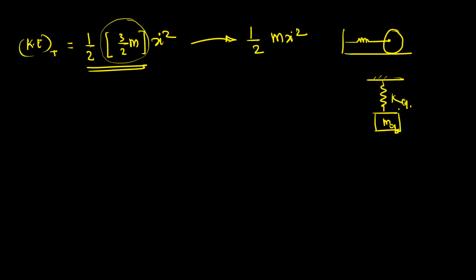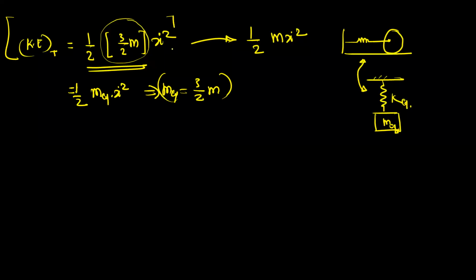So this will represent the complete vibration of the given system. So here we have got the equivalent mass: 1 by 2 m equivalent into x dot square, and m equivalent is equal to 3 by 2 into m. So this is the equation for kinetic energy.